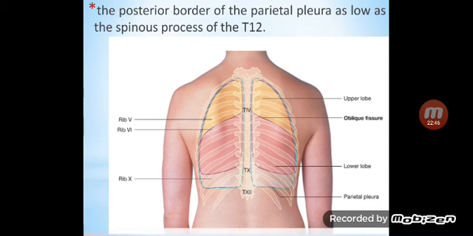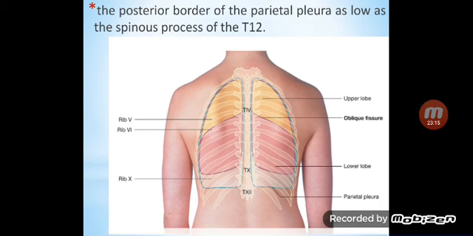The surface marking of the lungs is the same as that of the parietal pleura. But what is the difference? The difference is only the inferior border. Only the inferior border of the lung surface marking is different from that of the parietal pleura, by 2 ribs.